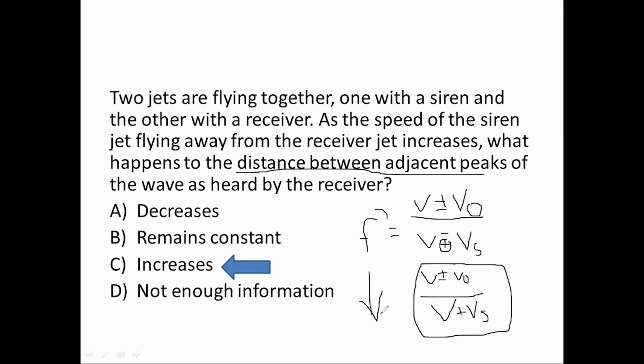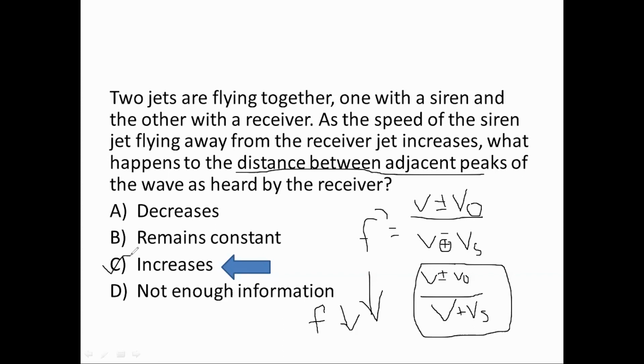So that means this is getting smaller. If this is getting smaller, that means f prime is also getting smaller because they're proportional. If f prime is getting smaller, that means the frequency is decreasing. If the frequency is decreasing, the distance between the peaks is increasing, right? Because the distance between peaks is what frequency measures.